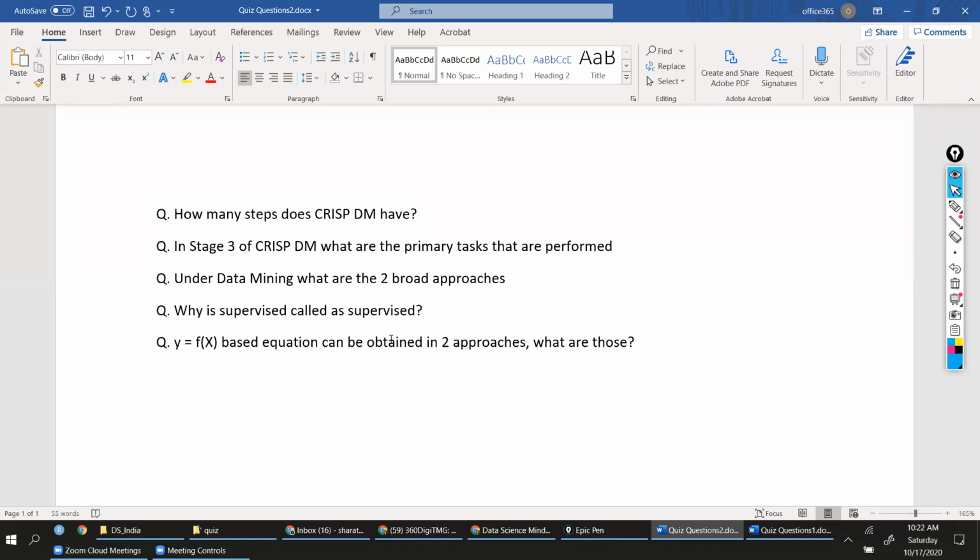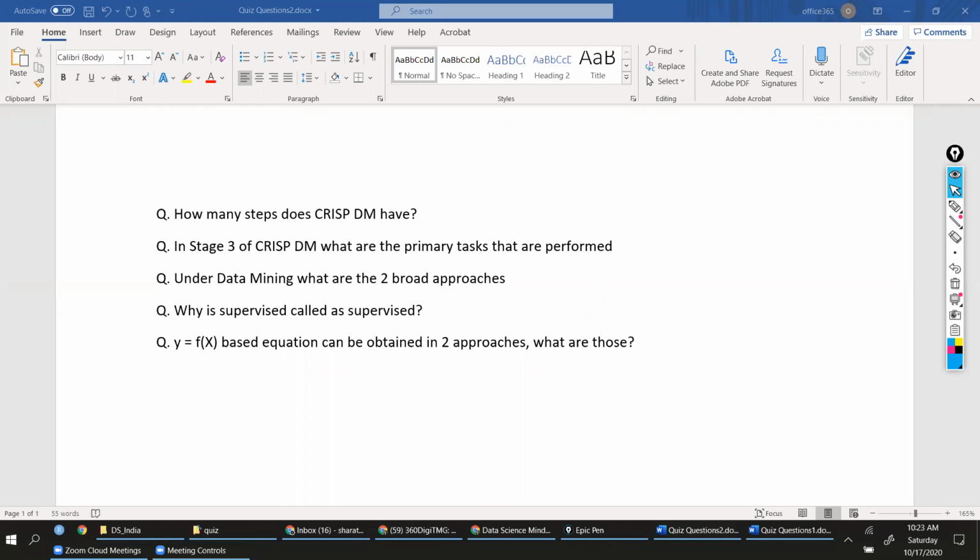That's correct. So y is equals to f of x is the base equation. What does it say? For your supervised learning techniques, you're basically saying try and get the relation between x and y.